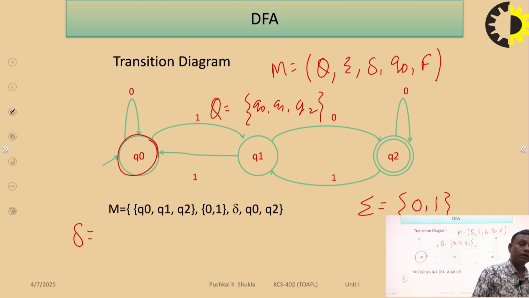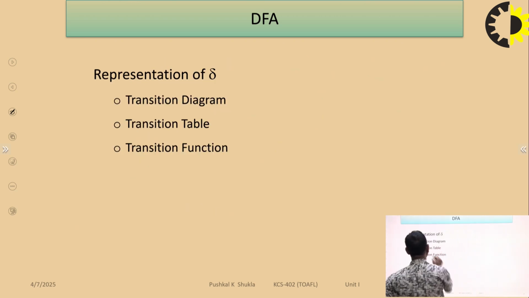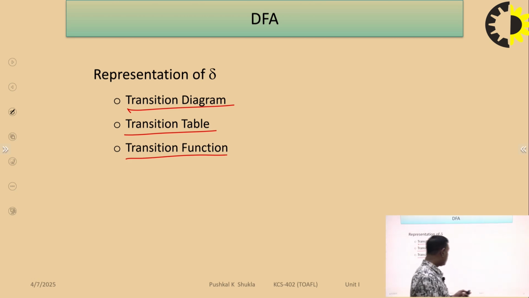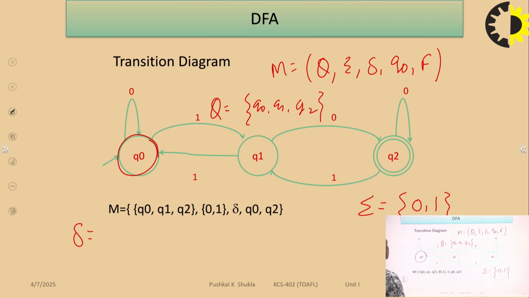We can represent a DFA in 3 ways: through a transition diagram, transition tables and transition functions. So here we are talking just about transition functions. How will we represent this DFA through the transition function?